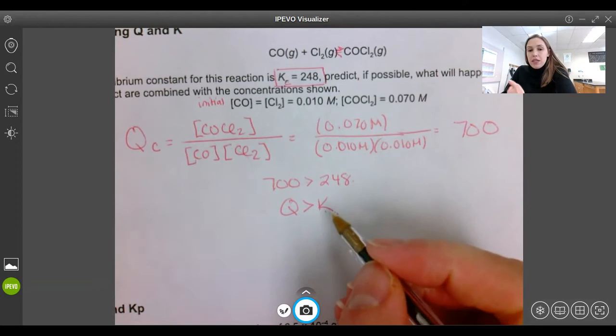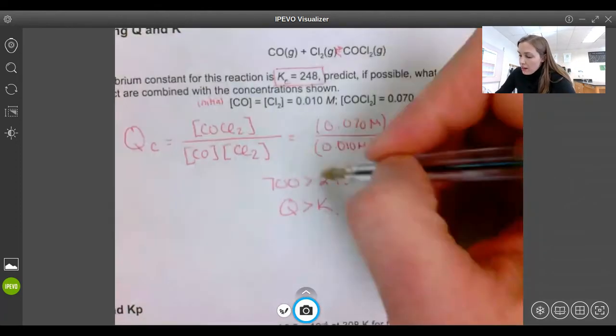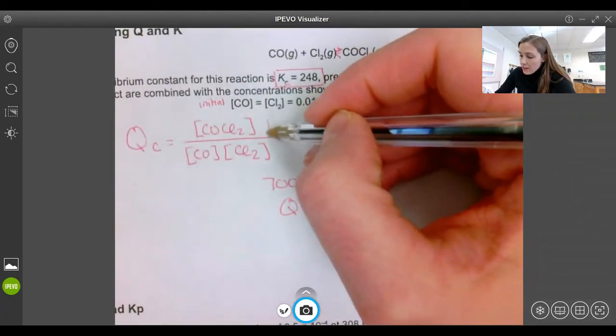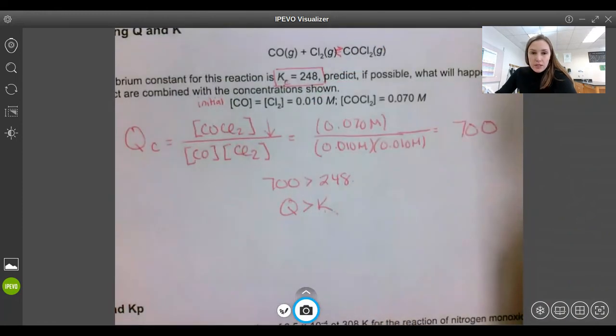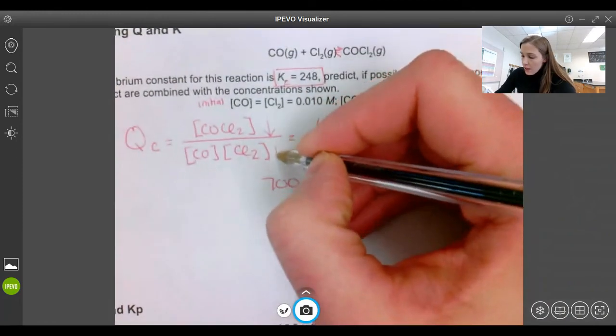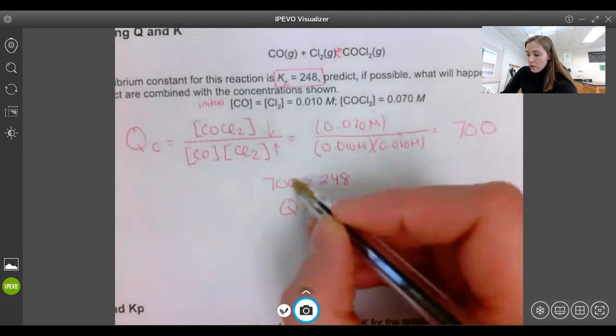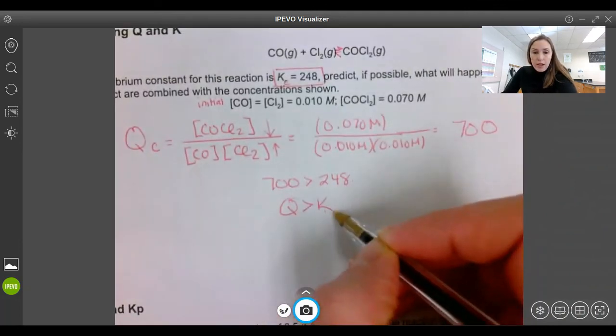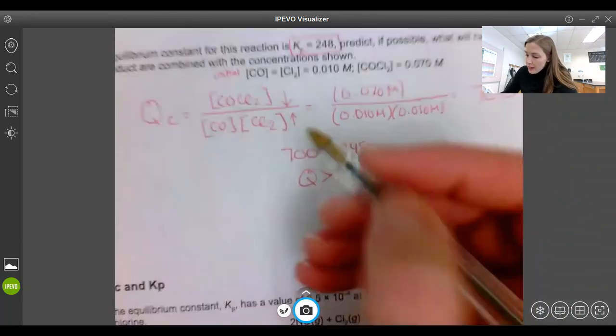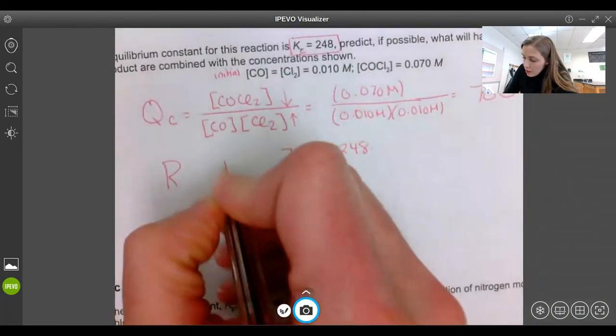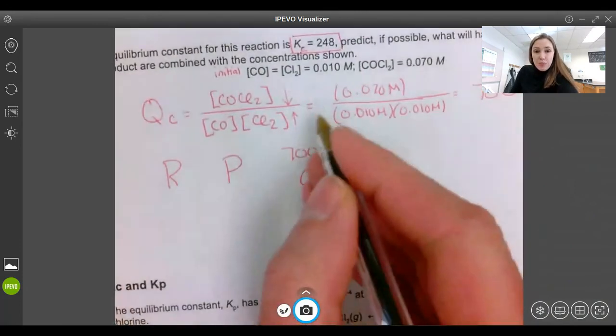So what must be occurring at this point is that the product value is going to have to decrease overall, and the reactant value is going to have to increase overall in order to make Q smaller and get to K.